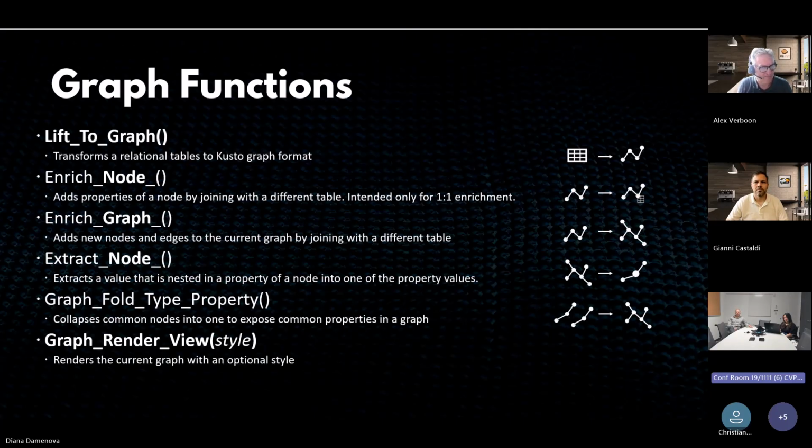The enrich node is a function that wraps the enrich functions, and the result is adding more properties. It does not even have parameters, it just wraps the underlying regular enrich function and transforms the result of lift to graph table into something where each node has more properties.